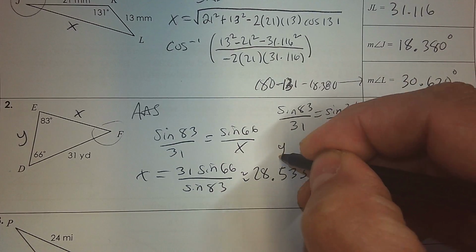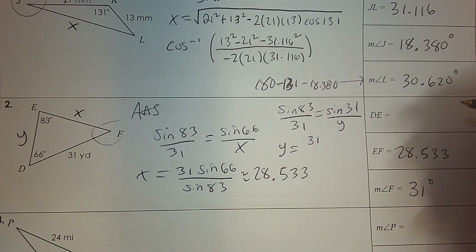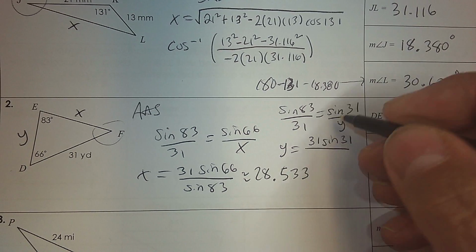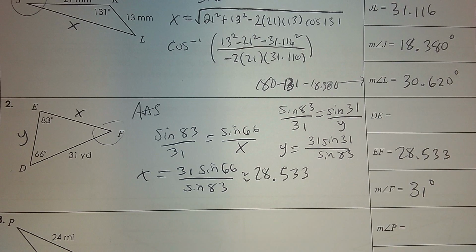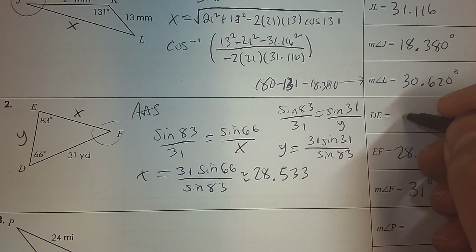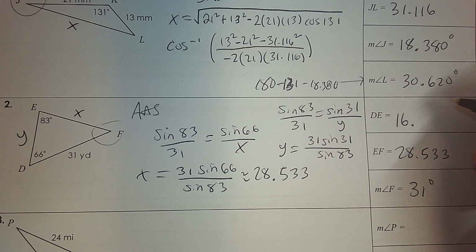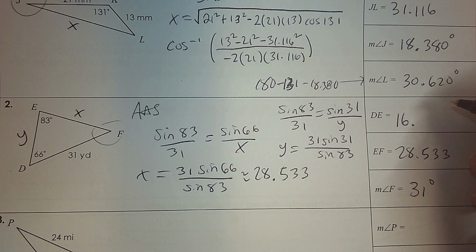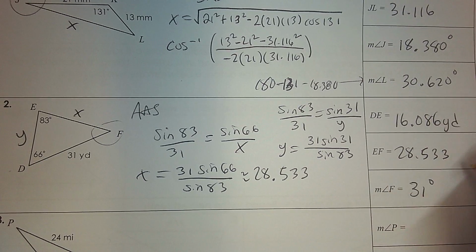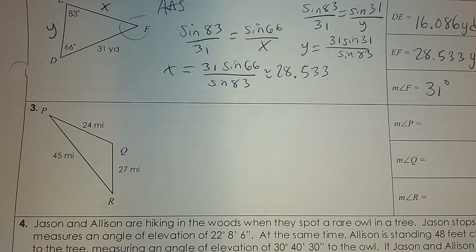And then to get Y by itself, it's 31 sine 31 over sine 83, and I get that side to be 16.086. And these are yards. All right, look at number 3. You try it.